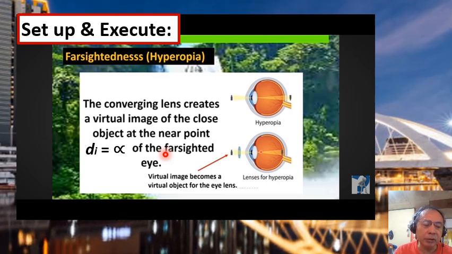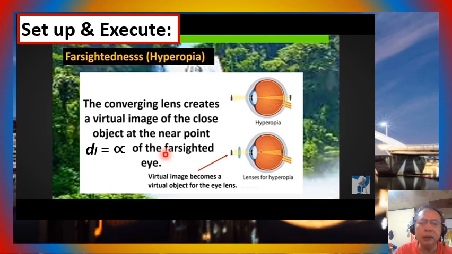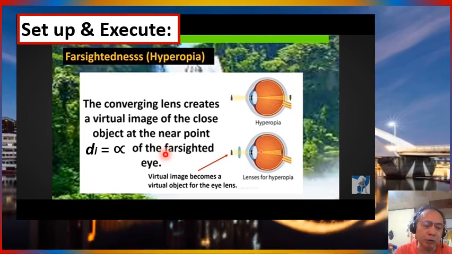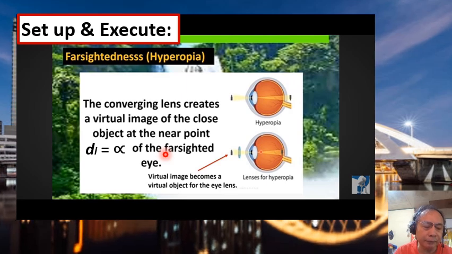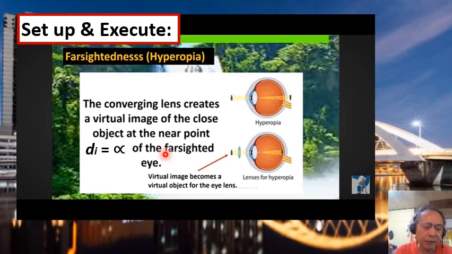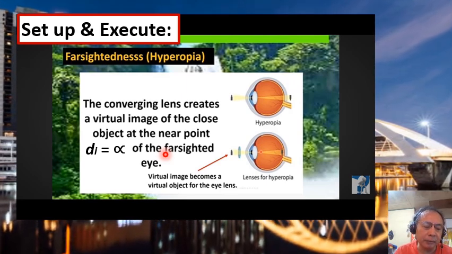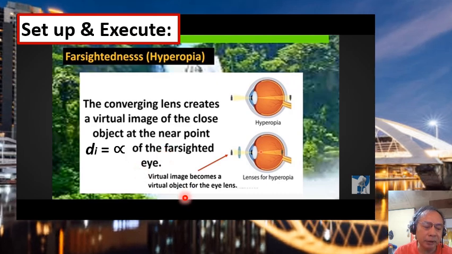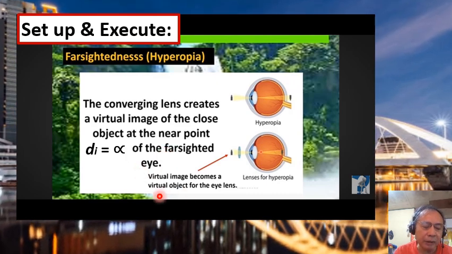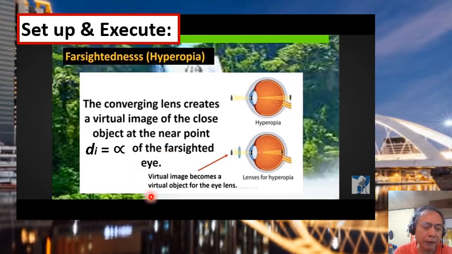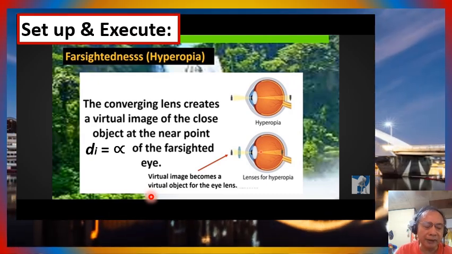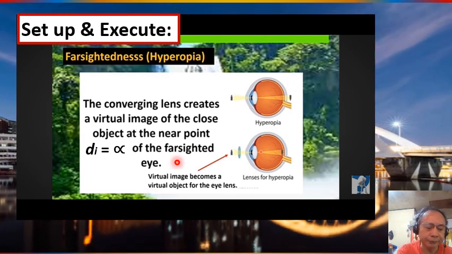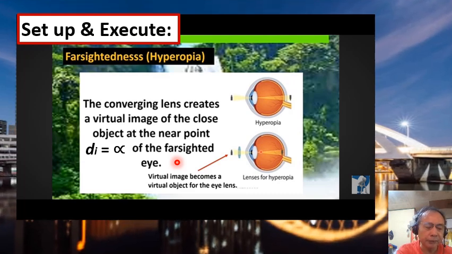And this happens because the eyeball is either too short or the cornea is not curved enough. This can be corrected by wearing a converging lens, which creates a virtual image of a close object at the near point of a farsighted eye.